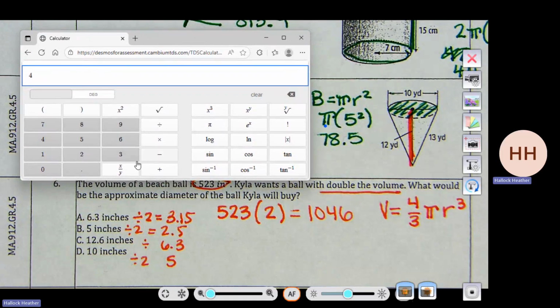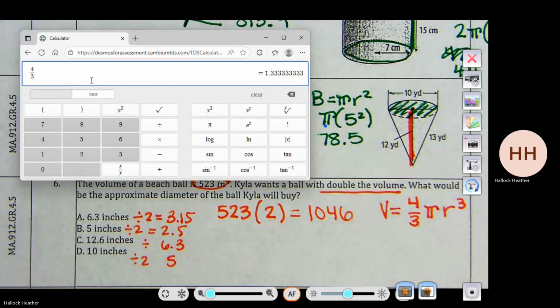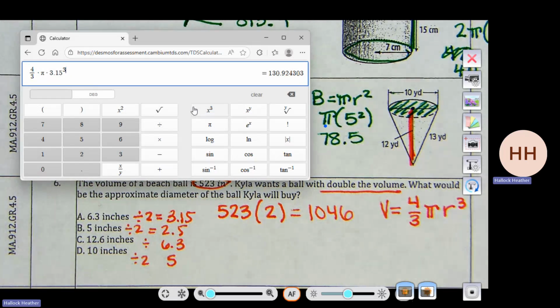So 4/3 times pi times, we'll do the first one, 3.15 cubed. That's 130. That's not close, so let's change our number. 2.5.